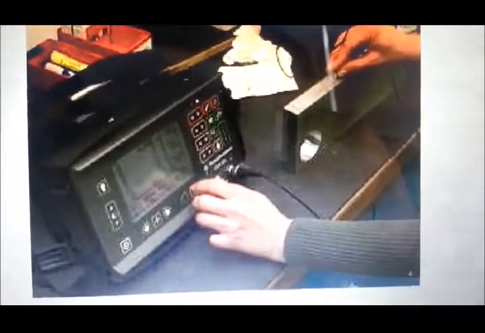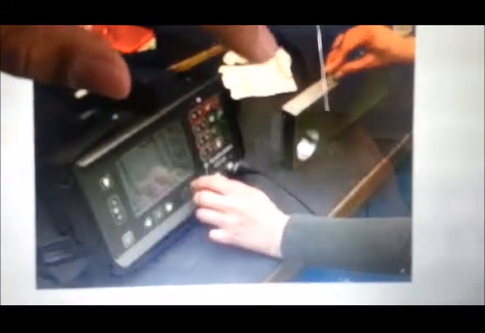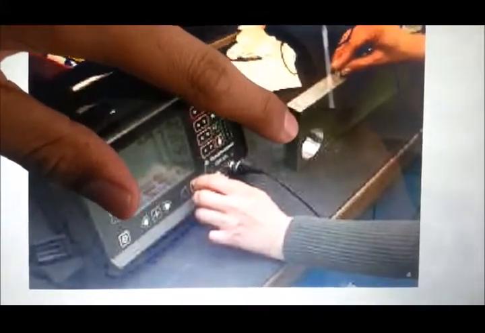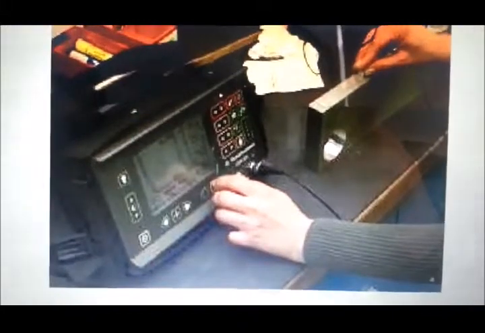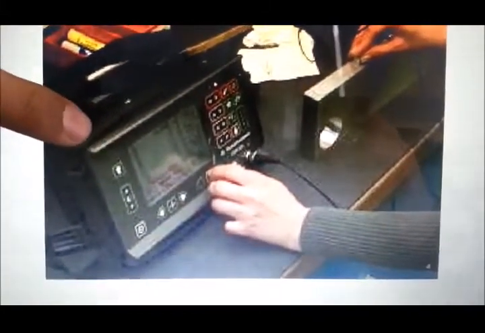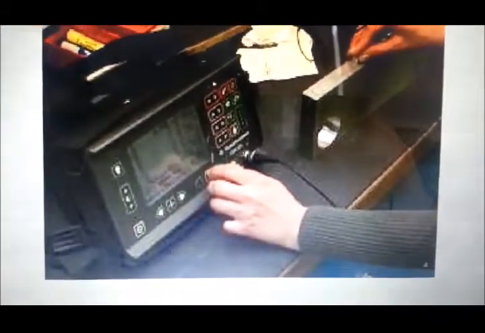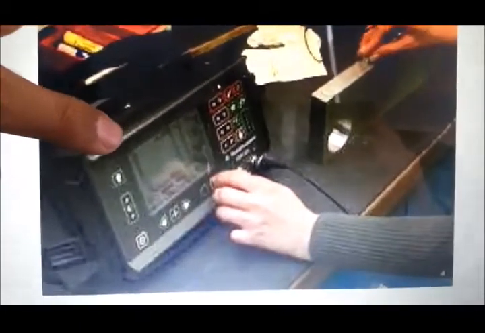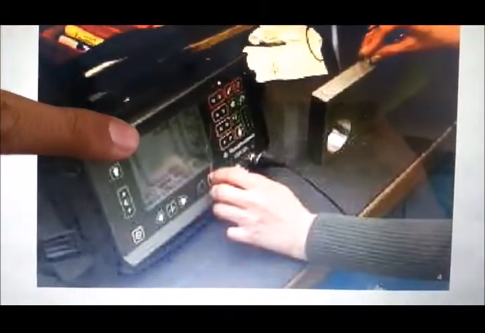You can see here how we have to move our probe transducer over the sample, the aluminum sample. So this is our display screen where we get all the observations. When it detects something, it will show a percentage above 50% there.